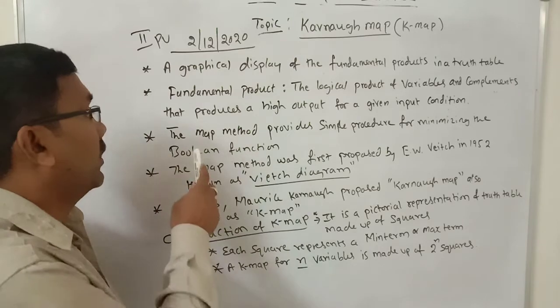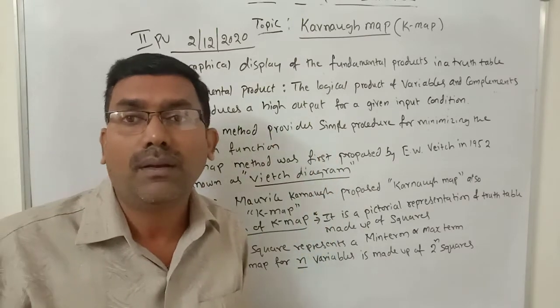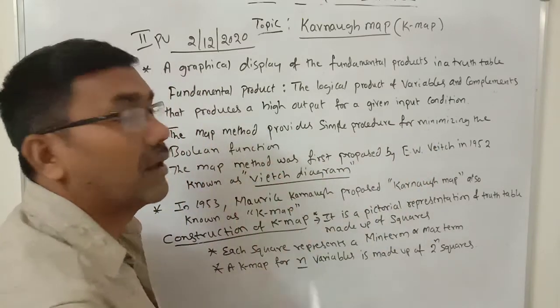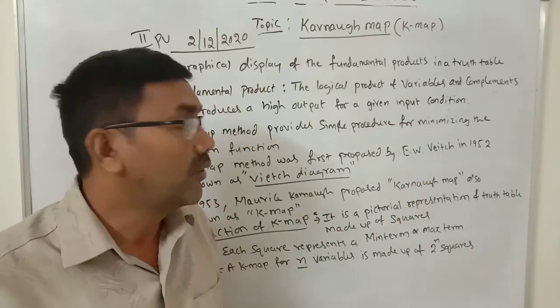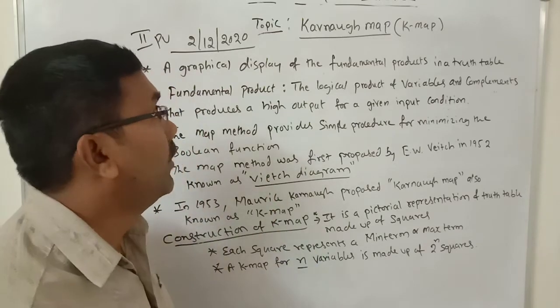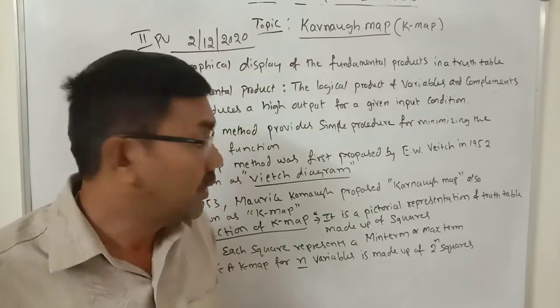The map method provides a very simple procedure for minimizing the Boolean function. Reducing ಅಂದ್ರೆ ಒಂದೇ, minimizing ಅಂದ್ರೂ ಒಂದೇ. You can solve the Boolean function with the help of K map. It is a pictorial representation.